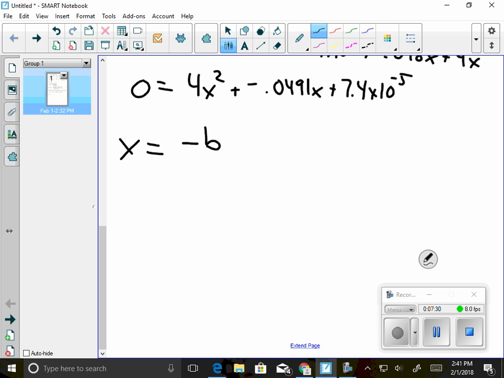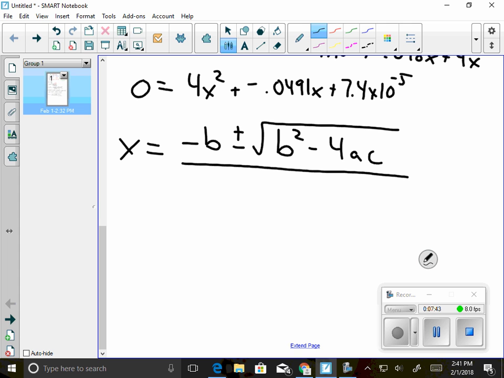And that is an equation that hopefully you are familiar with. The quadratic formula. A is the number that's in front of the x squared. B, don't forget if there's a positive or negative, is the number in front of the x.